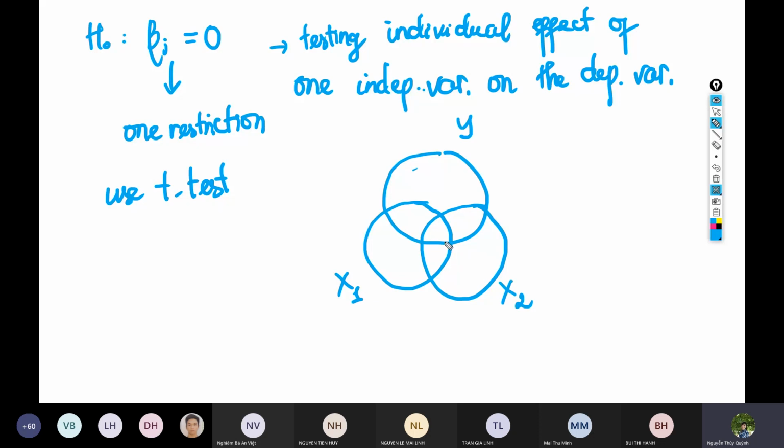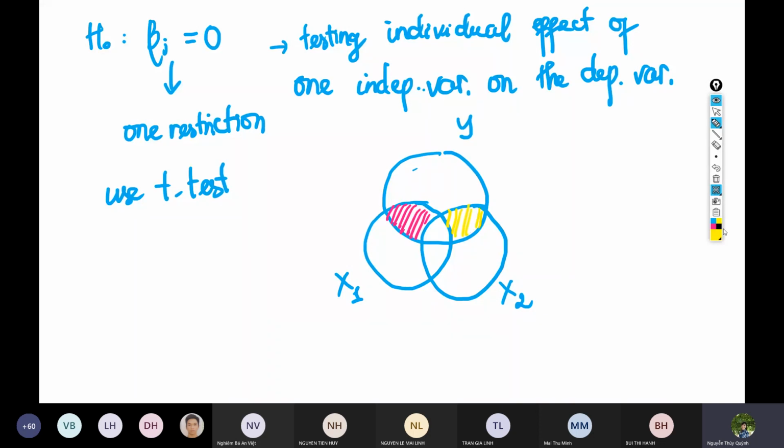So this part, the pink area here, is the individual effect of x1 on y. The yellow area is the individual effect of x2 on y.